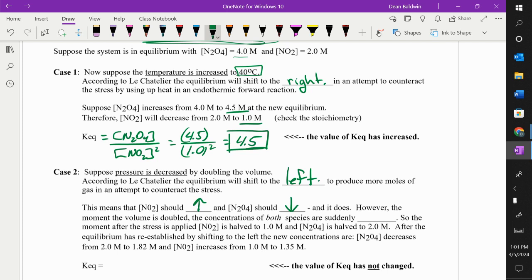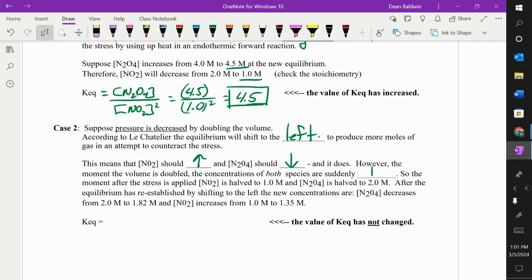What happens to the concentrations when you increase the volume? And we doubled the volume. So what happens to the concentrations? They get decreased. If you double the volume, they're going to decrease by half, actually. But yes, they decrease. Okay. So what happens is the NO2, as soon as you increase the volume, the concentration of NO2 gets cut to 1.0 because we were at 2.